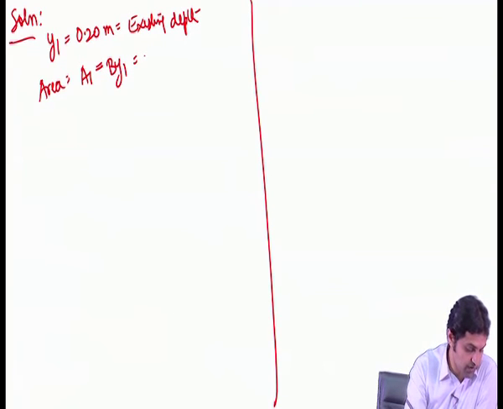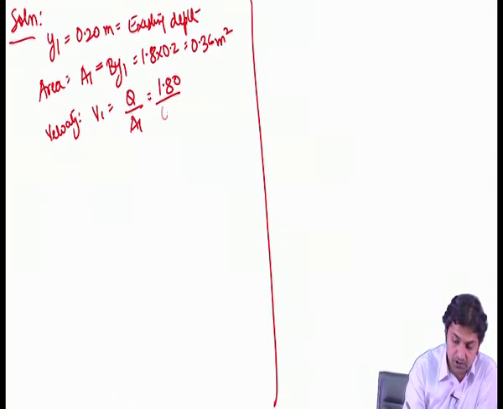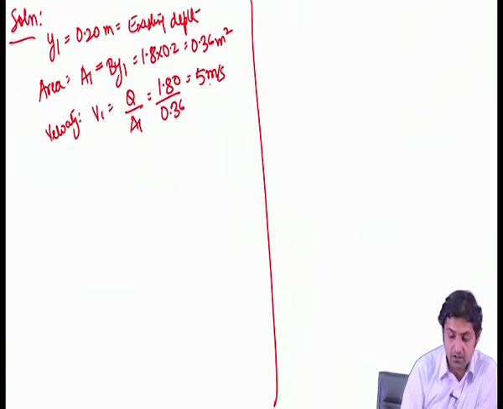B is already given, width of 1.8 meter. So, it is 1.8 into 0.2, that is 0.36 meter square. So, velocity V1 is simply Q by A1. Q is given 1.80 and area we know is calculated 0.36, and this gives us 5 meters per second. So, the first part is specific energy.